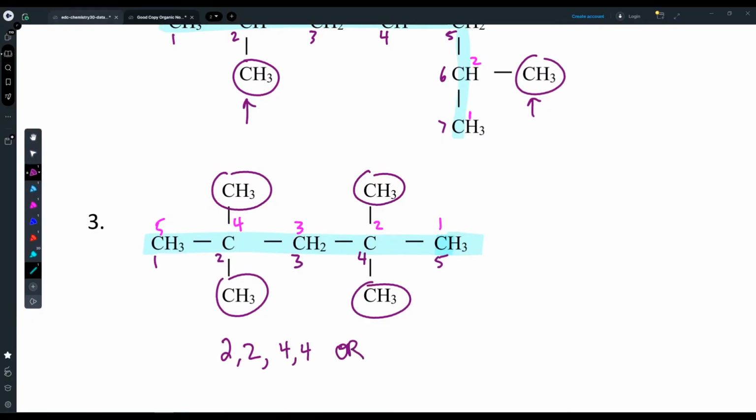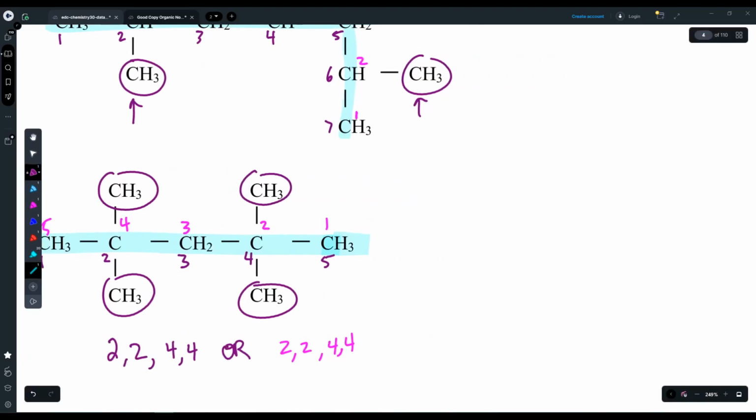Or if we go with the pink numbering, it's going to be 2, 2, 4, 4. So once again, we're using the same numbering. Doesn't matter if you go with pink numbering or purple numbering. So 2, 2, 4, 4.